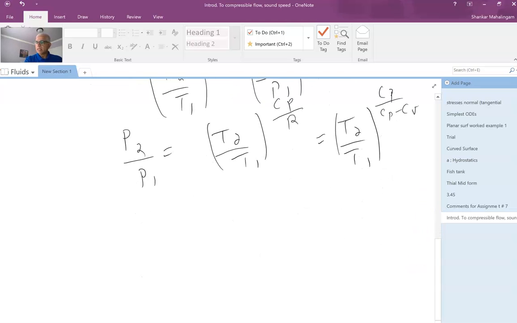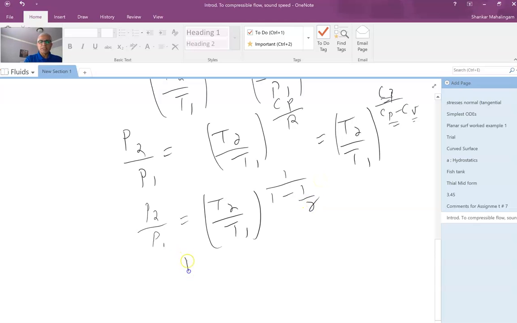The reason I'm doing this is now I can use the relationship between Cp, Cv, and gamma. If you did that, P2 over P1 would be equal to T2 over T1, and I can take the numerator and the denominator and divide by Cp. So that'll be 1 over 1 minus, and here I would get Cv divided by Cp, which is simply the inverse of Cp over Cv. So that's 1 over gamma.